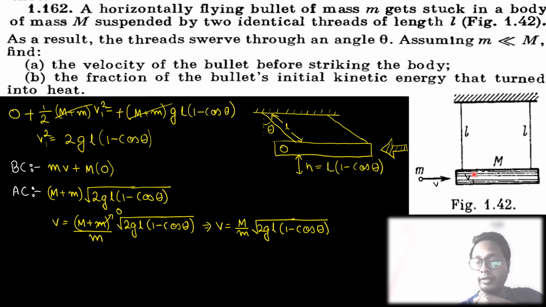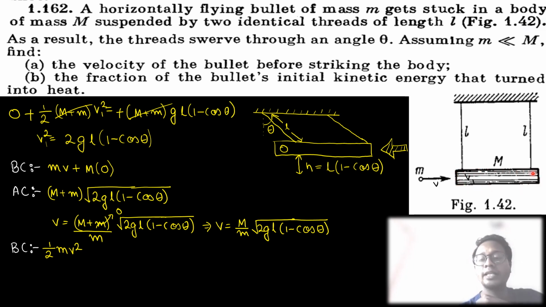So if you consider final kinetic energy after collision minus kinetic energy before collision, that is the kinetic energy that got converted into heat. So before collision, what was the kinetic energy of the system? Kinetic energy of the system was nothing but half mv square, or mass of the bullet into velocity square, plus, does this plank contain any kinetic energy before collision?